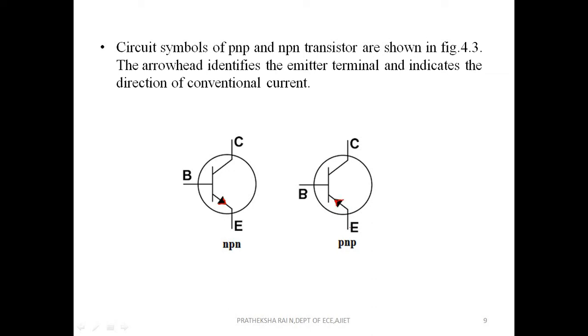In NPN, the flow is from collector and base to the emitter, whereas in PNP, it is from emitter to base and collector. That is the circuit symbol, very important.